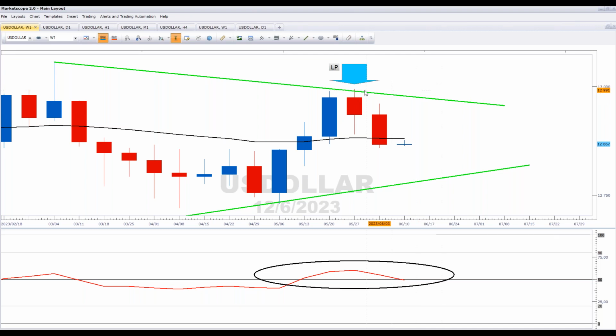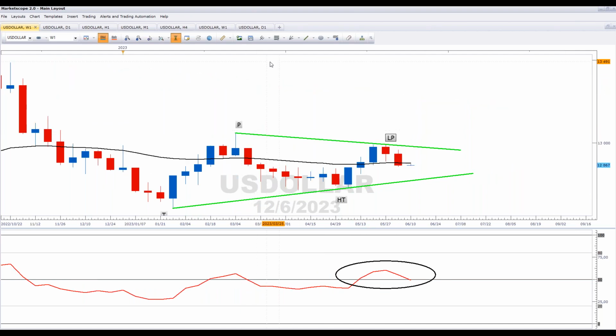So a reference candle is the highest high in at least 3 candles, and then last week closed below the reference candle's low. So I'm quite happy to make this the lower peak, and that is a sideways consolidation. It looks like we've got a symmetrical triangle until proven otherwise.